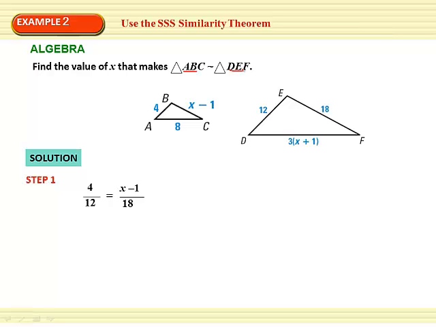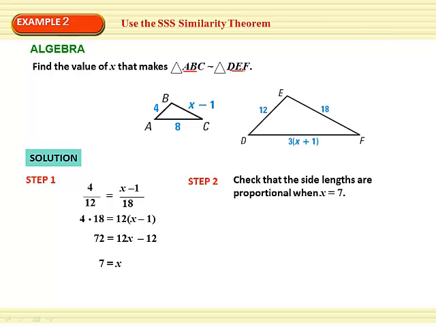And then I do the exact same thing for x minus 1 and to 18. Now you could have done 8 is to 3x plus 1. It really doesn't matter, but we're just trying to find out the value of x. So once we do that, we cross multiply and then solve for the value of x.